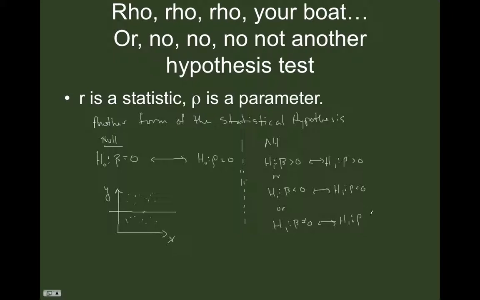And again, if you recall the output we looked at on the TI earlier, the hypothesis test the TI does is in terms of both beta and rho. And the two hypothesis tests are equivalent to each other. Depends on your point of view. I like to look at the slope because the slope is the rate of change of the variables.